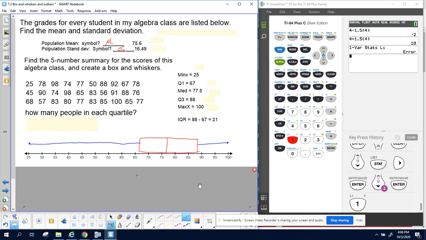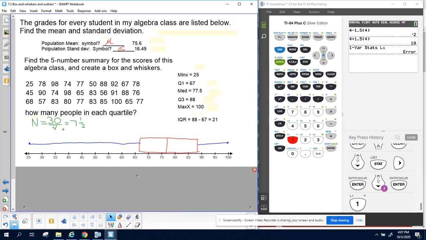If you know that this is all the numbers, you could tell me that there are 1, 2, 3, 4, 5, 6, 7, 8, 9, 10, 30 different numbers or 30 students in my class. A quartile means that 1/4 of the students scored in this section, 1/4 of the students scored in this section, and 1/4 here and 1/4 here. So if you have 30 students, N is considered 30.